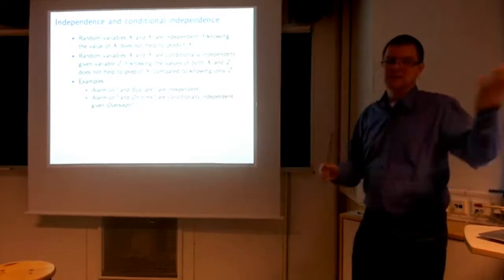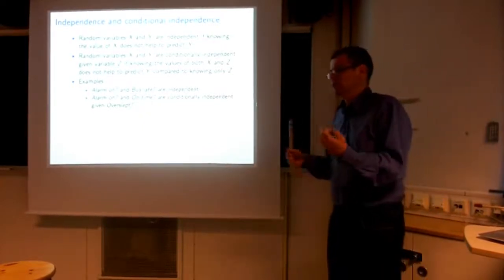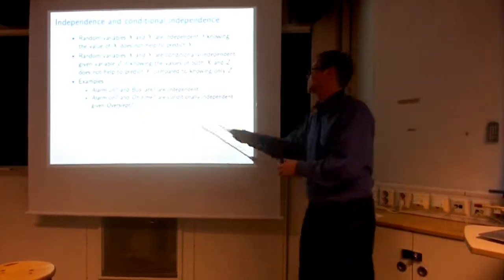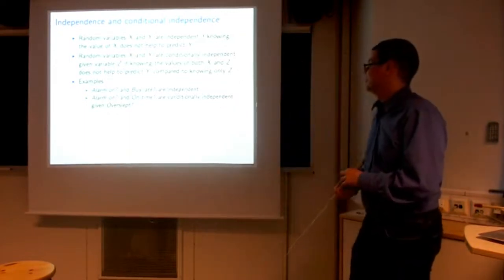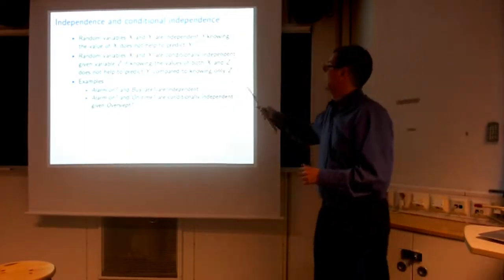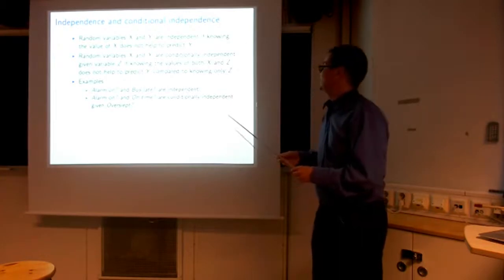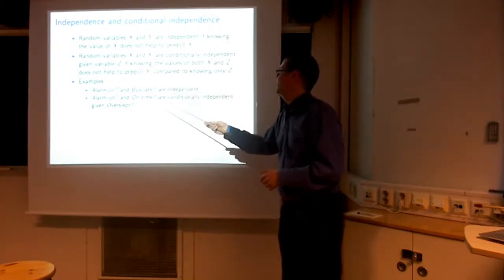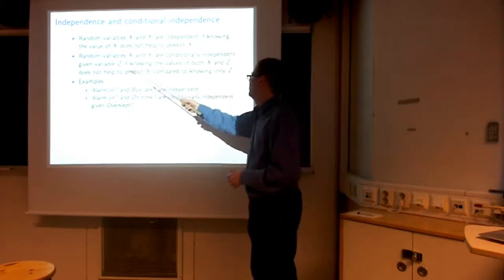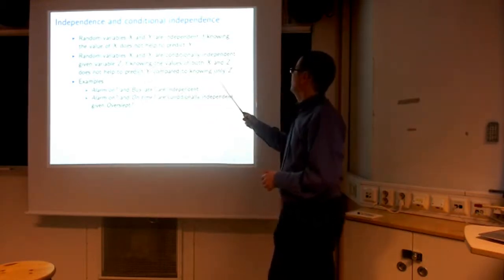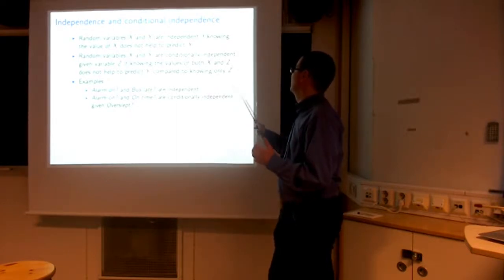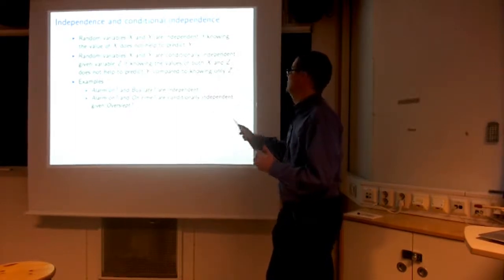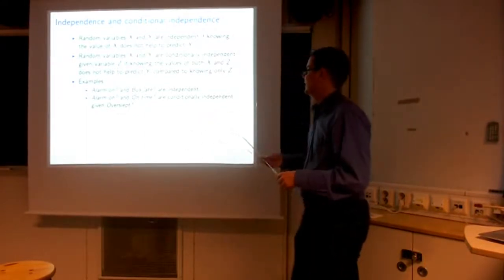If we know that somebody forgot to put his alarm on, that does not help us predict whether a bus is late or not. Conditional independence means that if x and y are conditionally independent given z, which could be one variable or a set of variables, then knowing only z is equally good as knowing both x and z when we try to predict y.